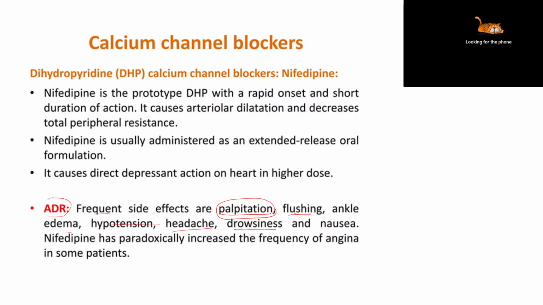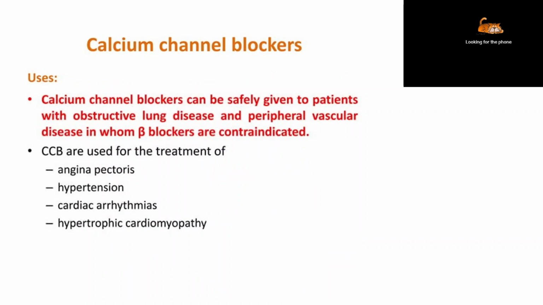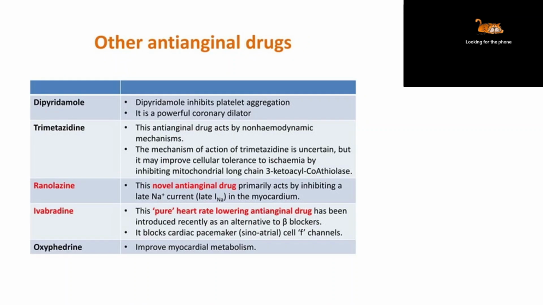So these are the common adverse effects of calcium channel blockers. The uses you have already completed in angina: angina pectoris, hypertension, cardiac arrhythmia, and hypertrophic cardiomyopathy, meaning enlargement of the ventricle size, as you discussed. In that also it is used.